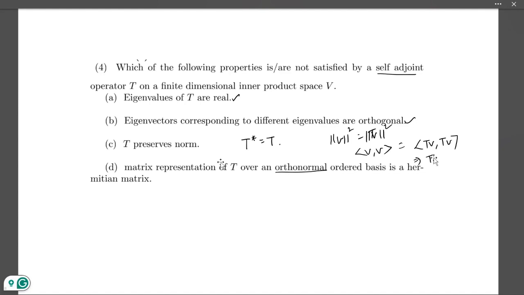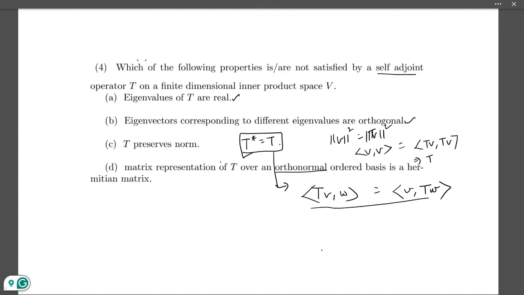If T preserves the inner product structure, only then can you say it preserves norm. But T star is equal to T does not even imply T preserves norm. T star is equal to T basically implies inner product of Tv with w is equal to inner product of v with Tw, right. But this does not say that T preserves the inner product. That is why this part is incorrect.